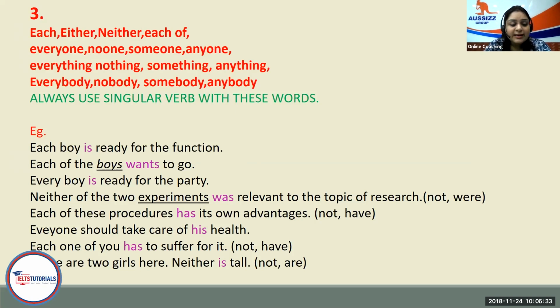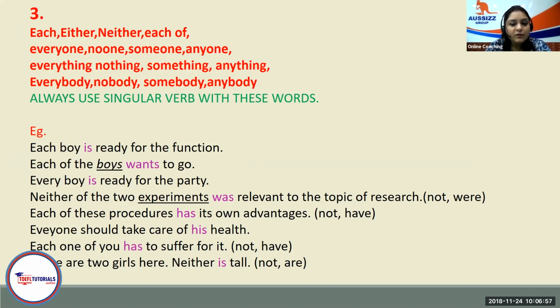Next example. Neither means only two. Either and neither both have two nouns, but either means two options, one choice, and neither means two options, no choice.